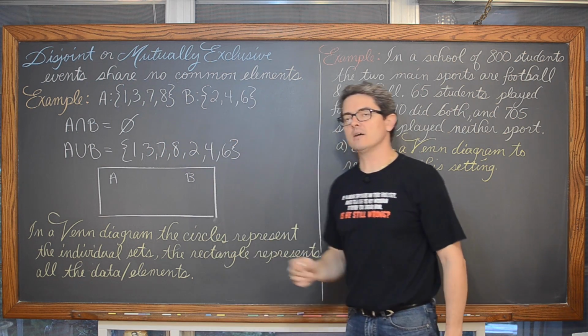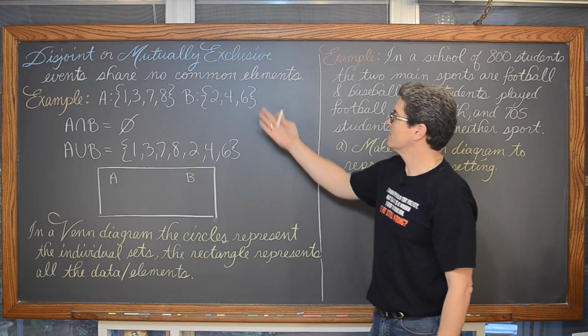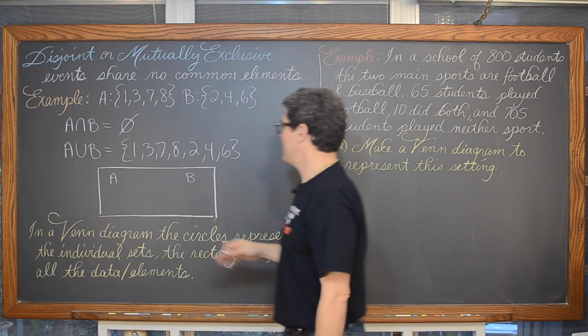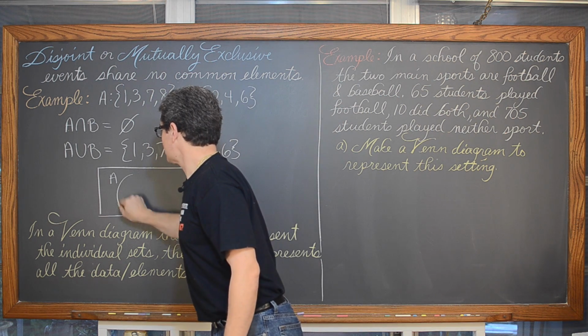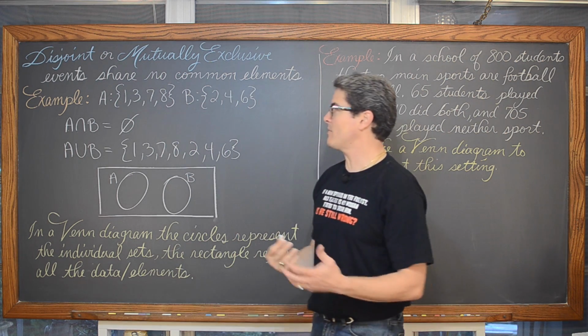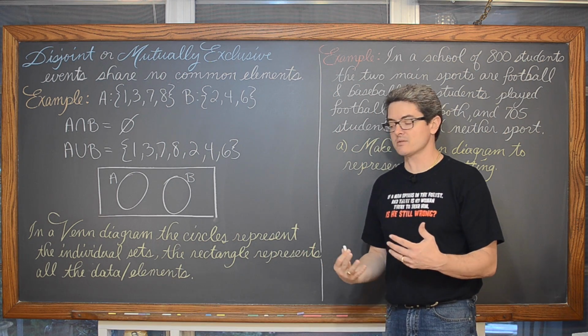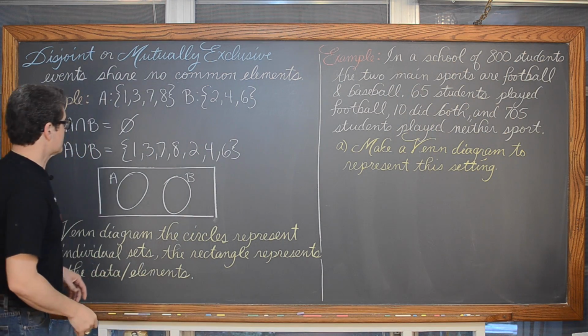Okay, let's make a Venn diagram that represents these two individual sets. We have set A and set B. We're going to draw a circle for each of those sets. Most of the time I would have those circles overlapping because a lot of sets are not disjoint or mutually exclusive.